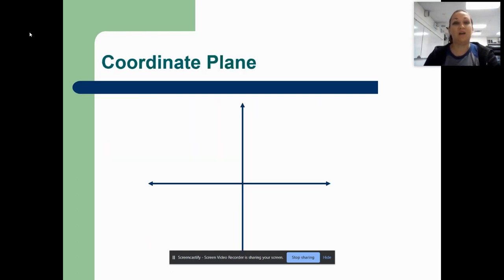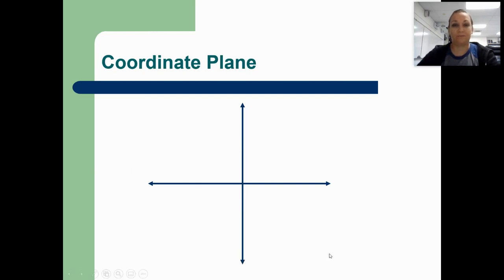Here's a picture of a coordinate plane. On this coordinate plane, again, the horizontal line is the x-axis and the vertical line is the y-axis. Since this is a number line, we have our positives to the right and the negatives to the left, and 0 would be right in the center.